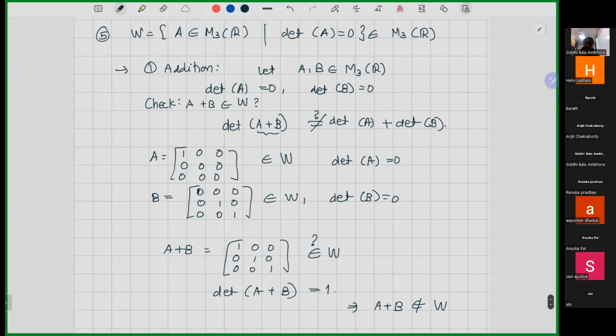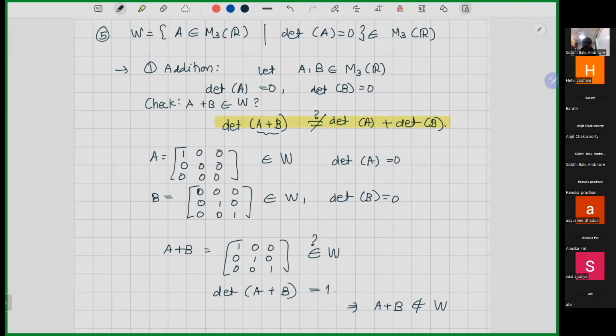So in the case of trace and everything, the addition property, which we were using for it to be a vector subspace, is satisfied, and this is where the entire problem occurs in the case of determinant.